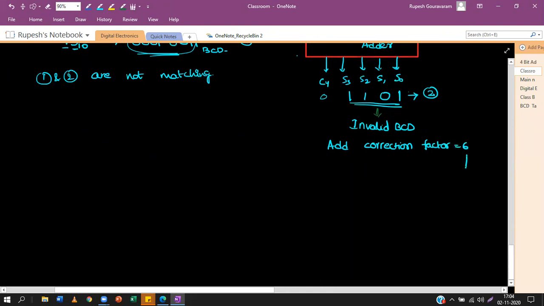6 is represented as 0110. And the actual value here we have is 1101. Let us take the carries as 00. When we add these two numbers, 0 plus 1 is 1.